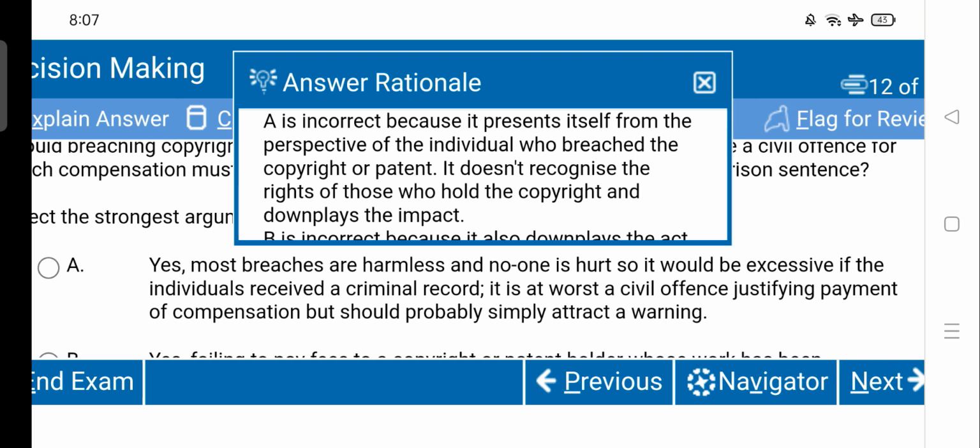A is incorrect because it presents itself from the perspective of the individual who breached the copyright or patent. It doesn't recognize the rights of those who hold the copyright and downplays the impact.